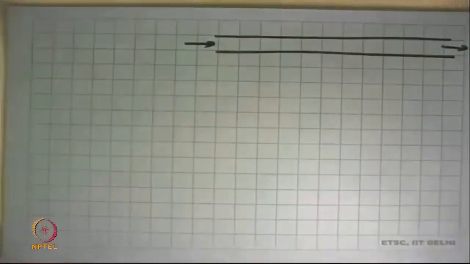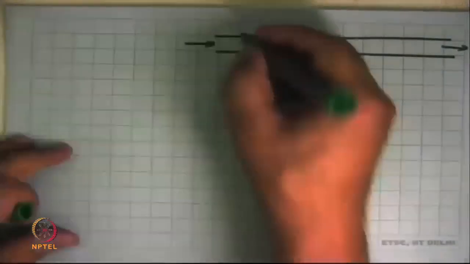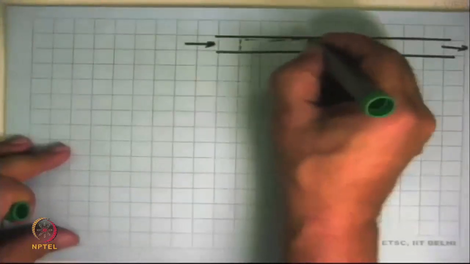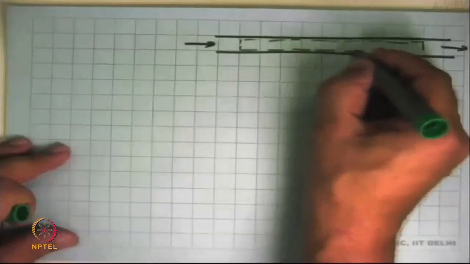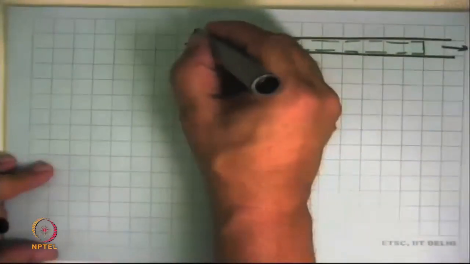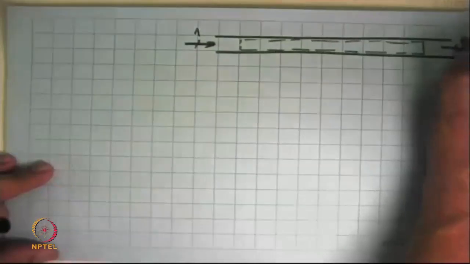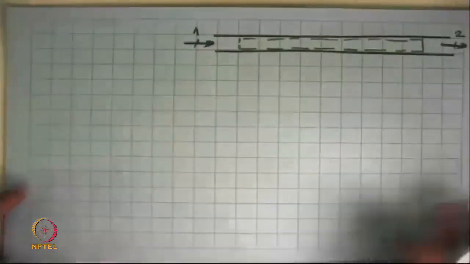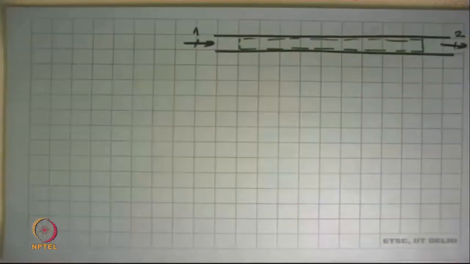And in this we make a system. We say that, okay, this is the system that we have. There is one inflow, there is one outflow. So this we will call 1, this is 2. This is the simplest system and I want to analyze this.